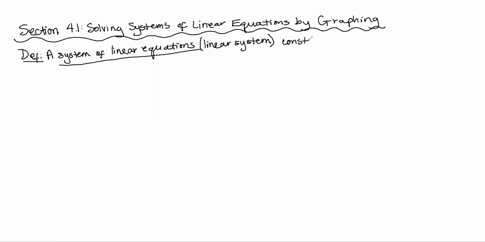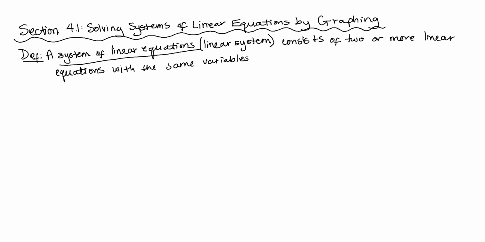So a system of linear equations consists of 2 or more linear equations with the same variables.